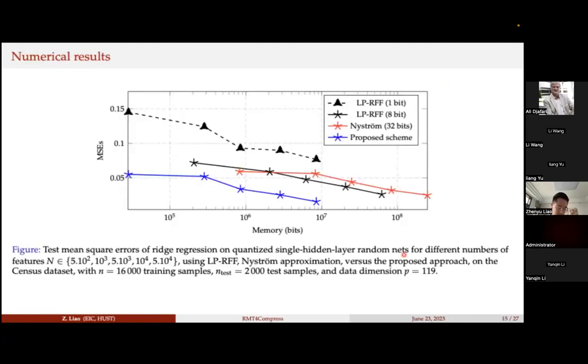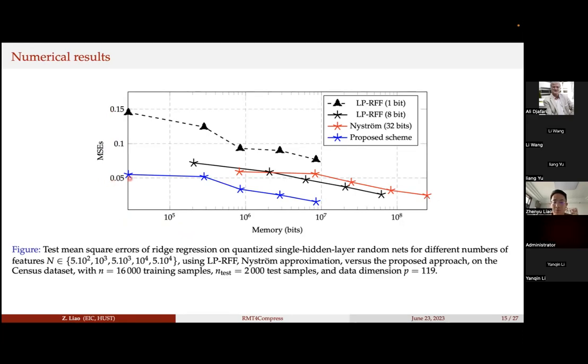And here is a figure where we perform numerical validation of our proposed method. The x-axis of this figure is the memory. For storage convenience, we hope to have the number of bits as small as possible, so we hope to have a small memory. And the y-axis is the MSE, for a regression problem.